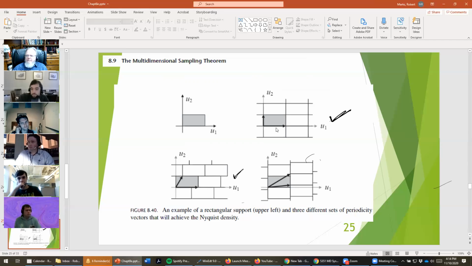Here the periodicity vector is just rectangular. Here it's different. These are the periodicity vectors here that allow for the periodic replication. And over here we even have different periodicity vectors, don't we? So this is an example of a rectangular support and 3 different sets of periodicity vectors that will achieve the Nyquist density.